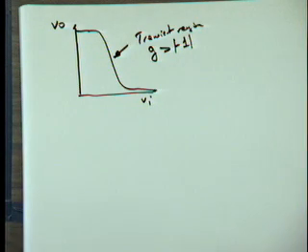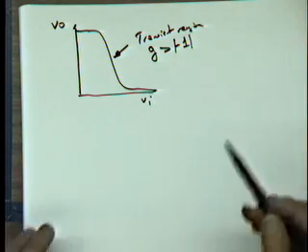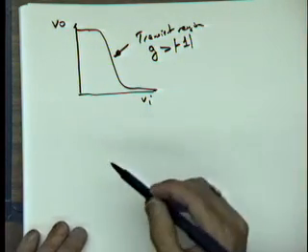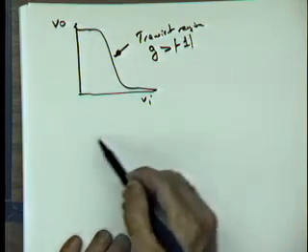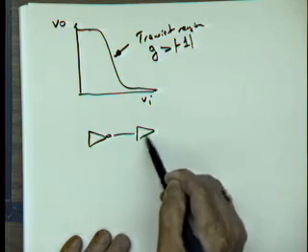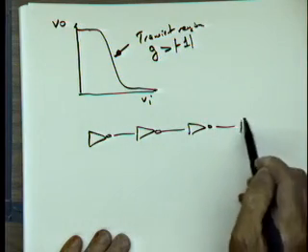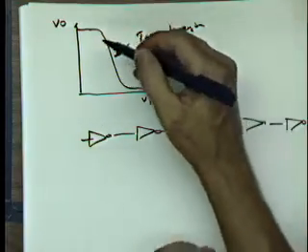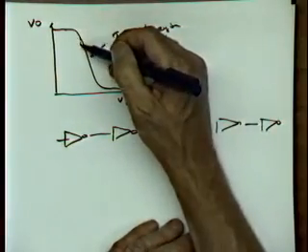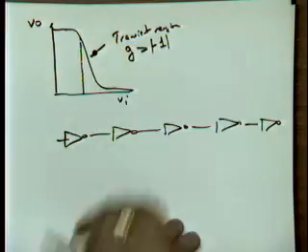Because of what's going to happen if you go through consecutive gates, and you can actually show this quite nicely. The way to plot this is by the voltage transfer curve. Say I have a sequence of inverters. So suppose now that I apply an input here which ends up somewhere here.